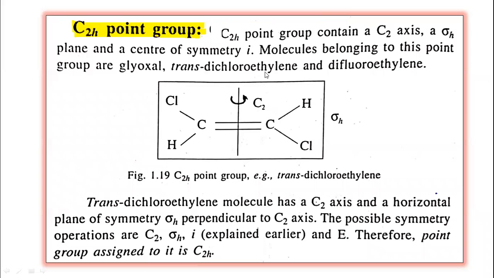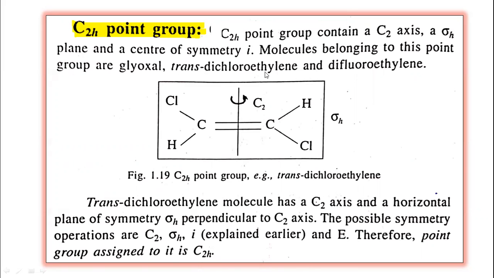Now the example is the C2h point group. The C2h point group contains a C2 axis, a sigma h plane, and along with it, the center of symmetry i.